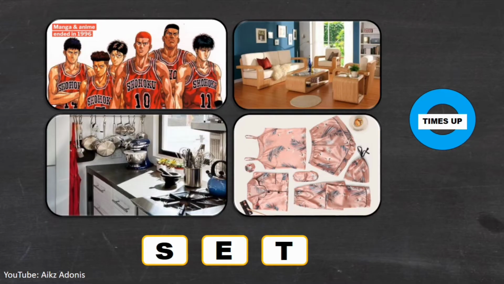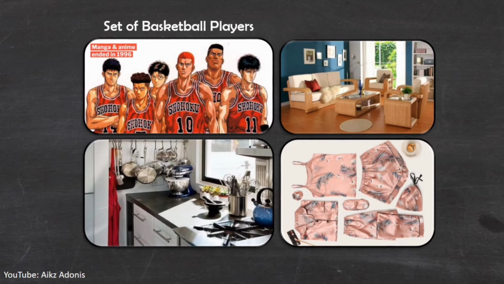Okay, time's up. So, the correct word is set. If you got it right, congratulations! The first picture shows a set of basketball players. They are the famous characters in Slam Dunk. And my favorites are Hanamichi Sakuragi and Rukawa.